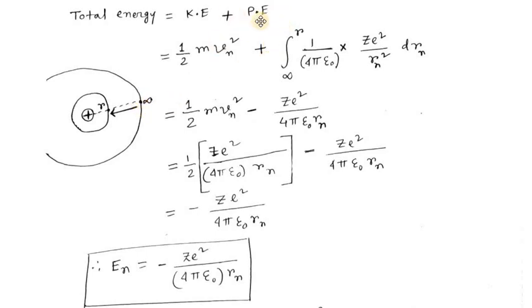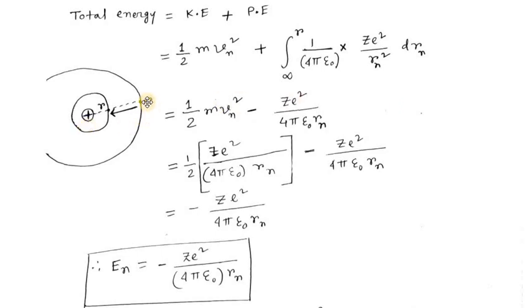So to get the potential energy value, we need to incorporate a concept like, suppose one electron is present at infinity. To bring that electron from infinity to a radius r, we need to do some work, and you know that work equals force multiplied by displacement, right?